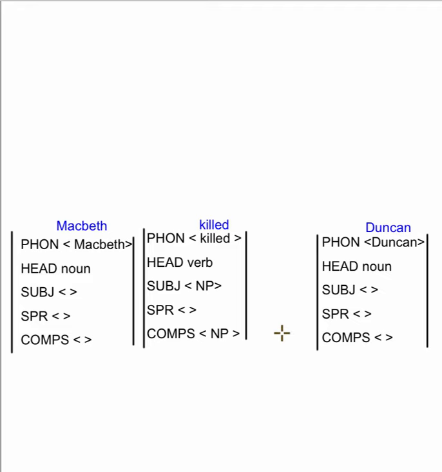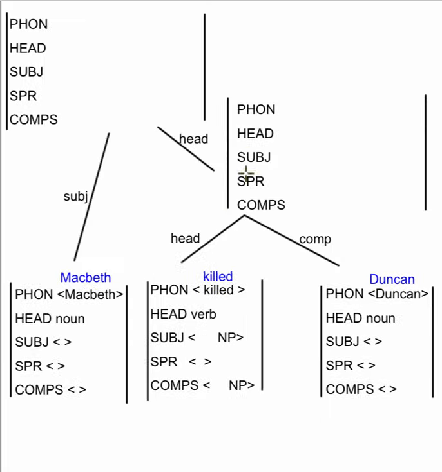We combine those into a larger structure, and then we have to derive the properties of the phrases. So this is the larger structure. First, killed and Duncan combine into a phrase by a head-complement combination, and then the resulting phrase combines with the subject in forming a head-subject combination, which then will lead to the overall sentence.